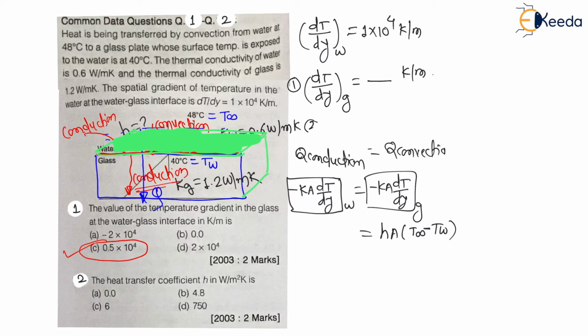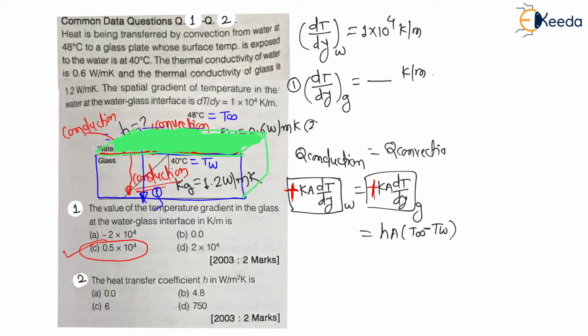Therefore, here we have to consider the plus sign, otherwise your result will be wrong. If I consider the negative sign, then I have to write T wall minus T infinity; if I write the positive one, then I have to write T infinity minus T wall. We have already seen that in the theory lectures; you can go back and watch my theory lecture.